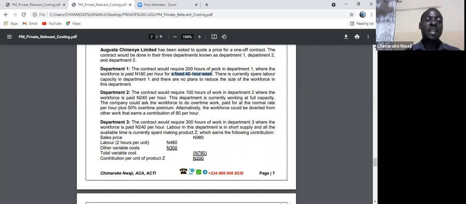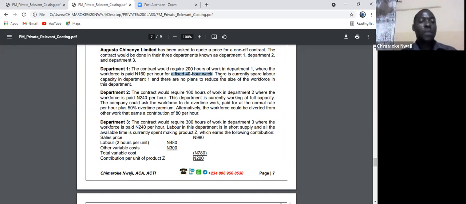So it means here that you are going to multiply 160 times 40 hours a week, and you pay those workers whether they do up to 40 hours or not, it doesn't matter. You have fixed it at 40 hours. That is the minimum they can get. You don't do that for temporary workers. So you see here that the Department 1 workers are permanent.